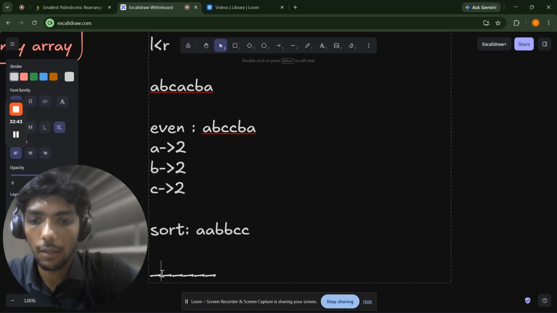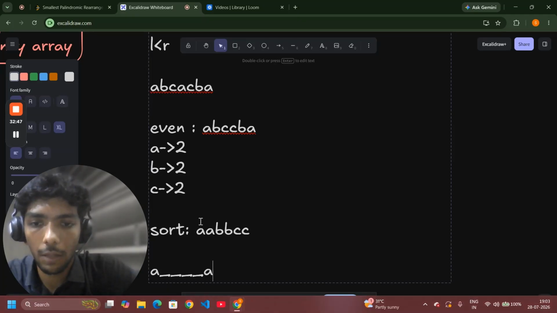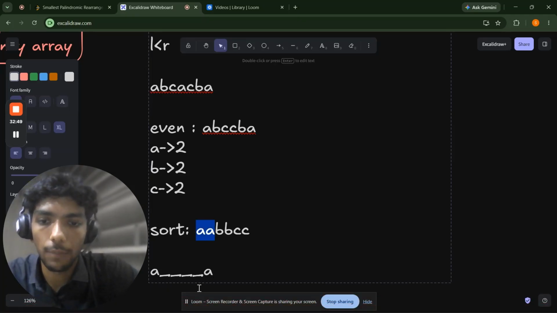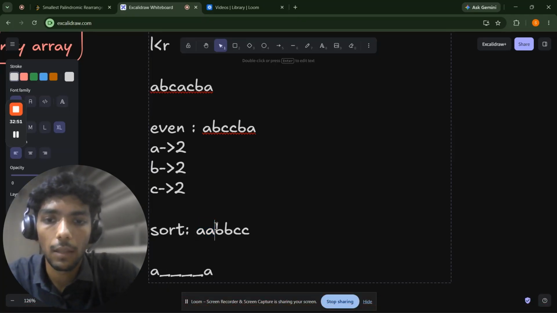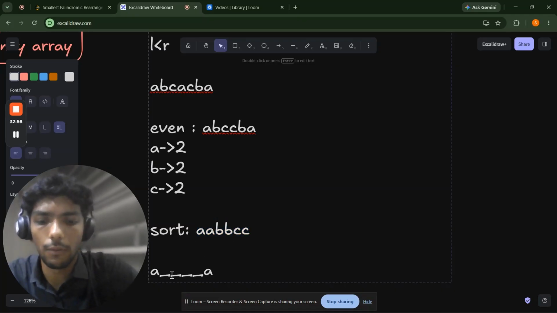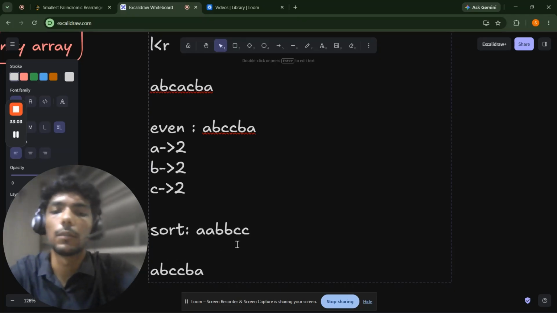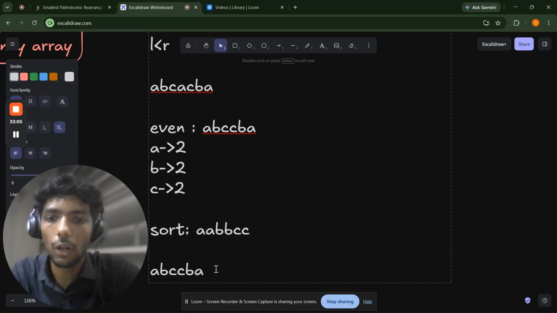We start with A. We have one A and we compare with the next one. Both are same, so we use one over here, one over here. B is with B, so we use one B over here, one B over here, and two C's, one C over here, one C over here. So we got the smallest one.